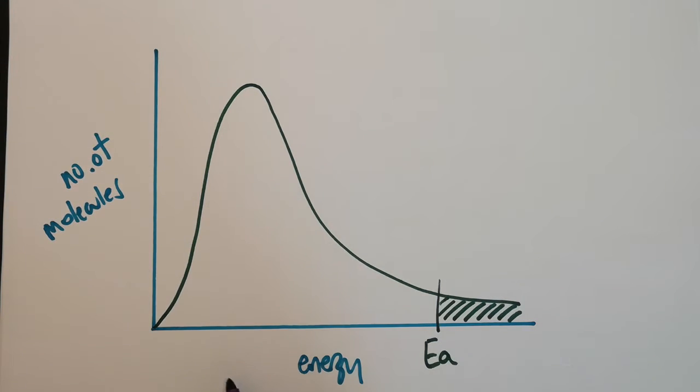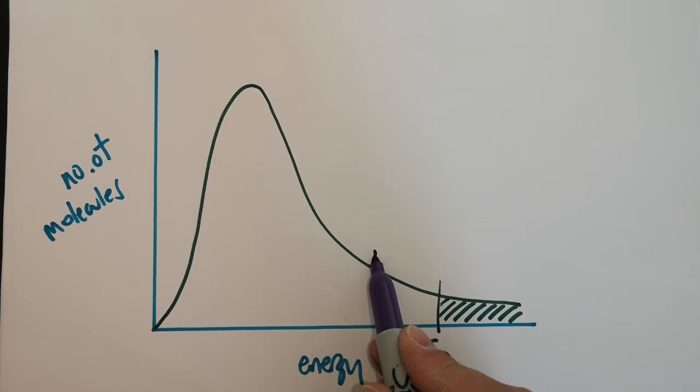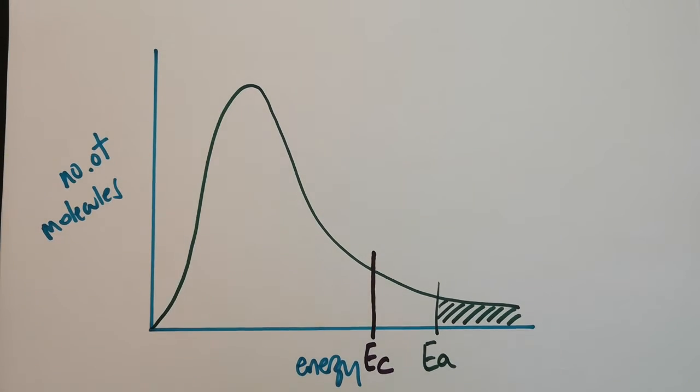So what we can do is draw another activation energy for the presence of a catalyst which is lower than the original one. So it might be here. And we'll label that EC to show that it's the activation energy with a catalyst.